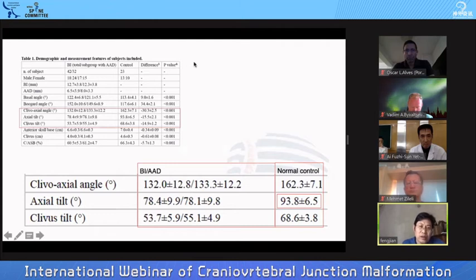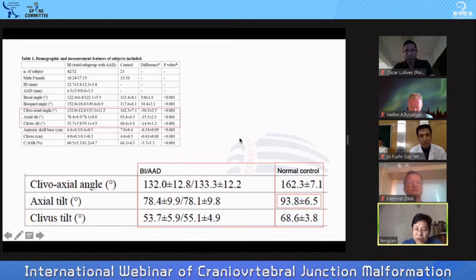We measured 23 normal individuals and 42 basilar invagination patients, including 32 patients who also had atlantoaxial dislocation.